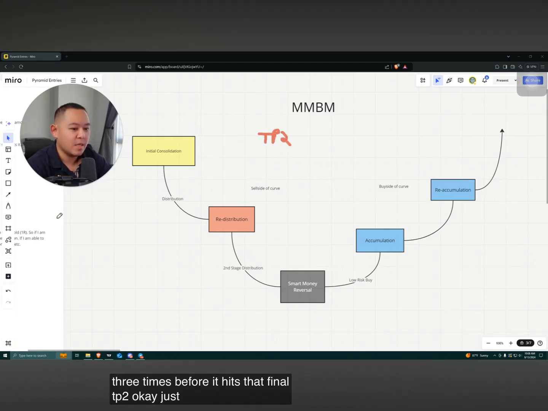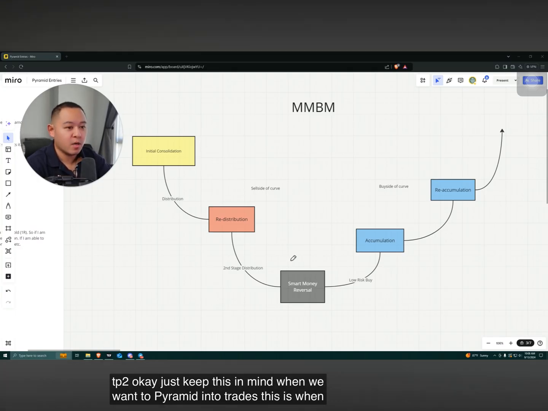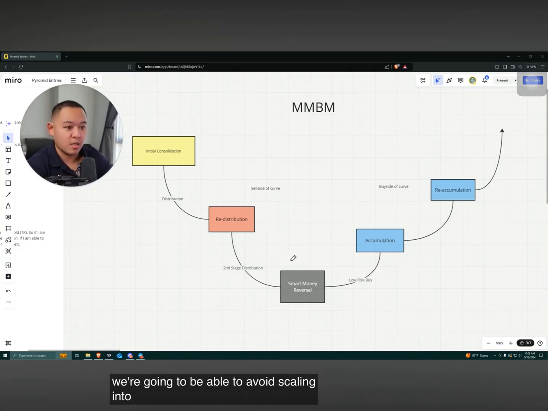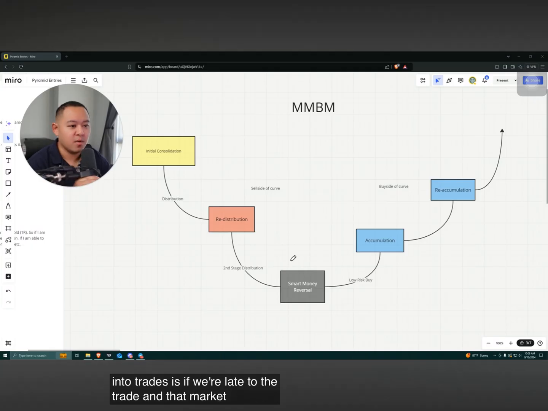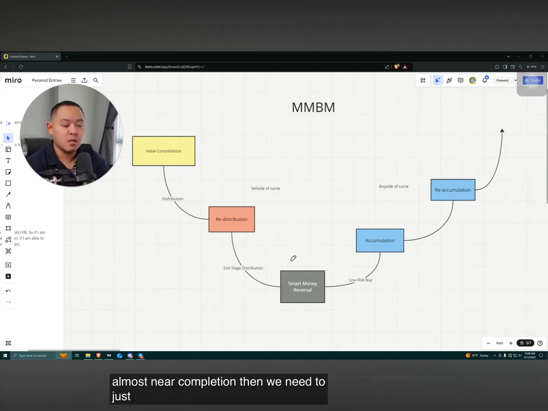Okay? Just keep this in mind. When we want to pyramid into trades, this is when we're going to be able to avoid scaling into trades, is if we're late to the trade and that market maker model is almost near completion, then we need to just play conservatively and not scale into the trade.